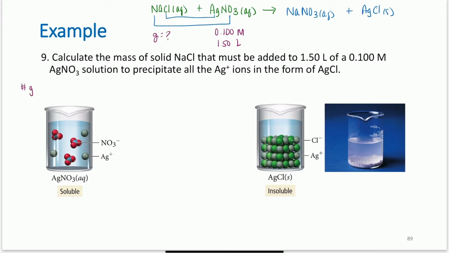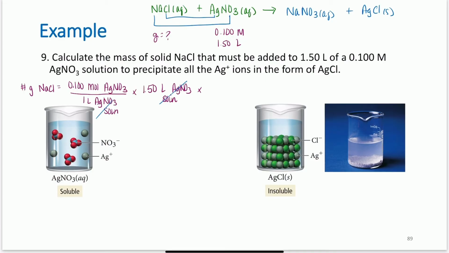So number of grams of NaCl, I have a 0.1 molar solution, which is 0.1 moles of silver nitrate to 1 liter of silver nitrate solution. I have 1.50 liters of silver nitrate solution. Now I'm in moles of silver nitrate.